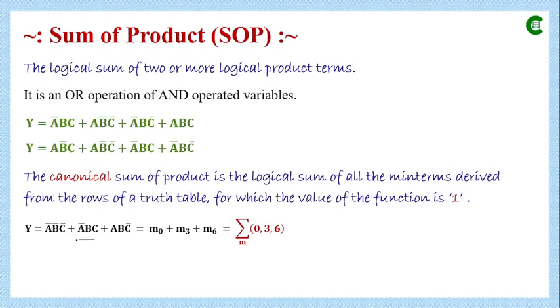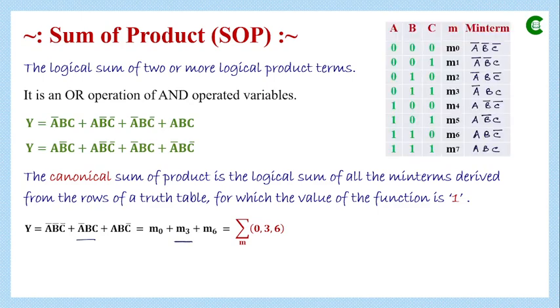In the first format, we can see that the actual values of those variables are given either in original form or in complemented form. In the second format, the number of that min term is given. We are already aware of this truth table having three variables and their corresponding min terms.